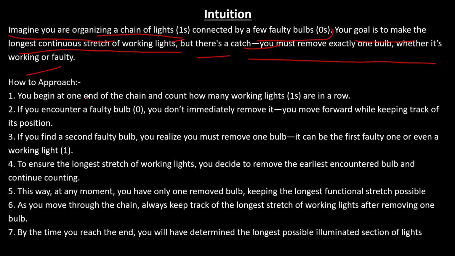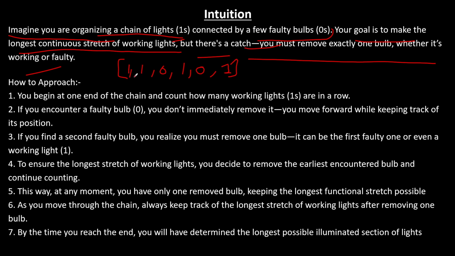Fine. So let's take 1, comma 0, comma 1, 0, and 1, then again 0, then 1. Okay, let it be. Now, according to our understanding, what will be the longest subarray?